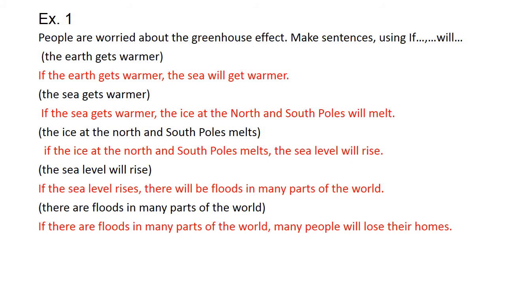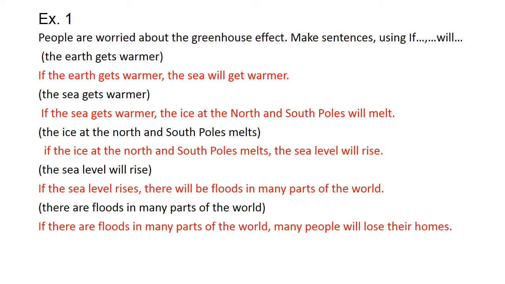We have many examples. The first example: people are worried about the greenhouse effect. Make sentences using if, will. The earth gets warmer.